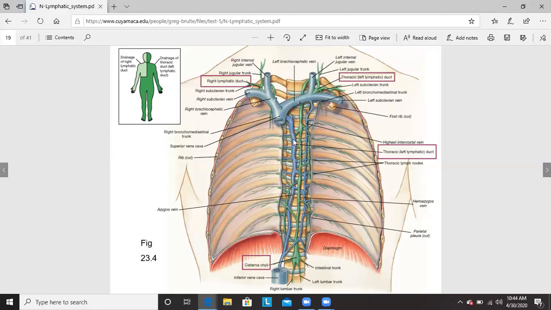So I could go, A, what is this green thing? You would go, thoracic duct. B, what is this vein right here? You'd go, subclavian. That's my left subclavian. That's my left brachiocephalic, by the way. And that's my superior vena cava. I could go C. What is that little green thing?